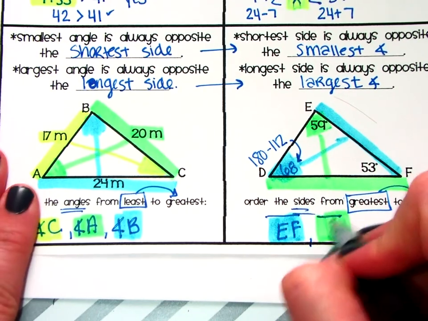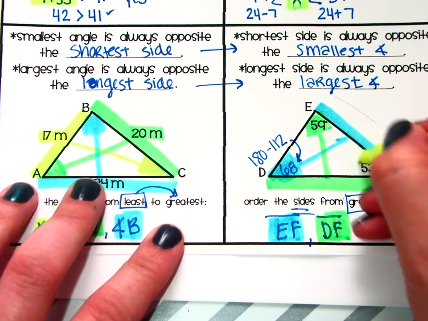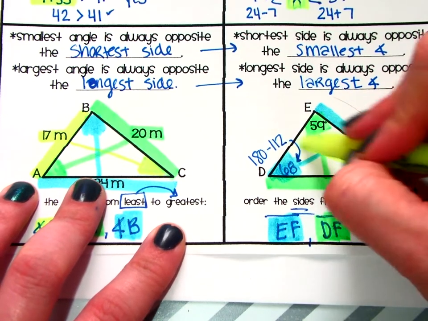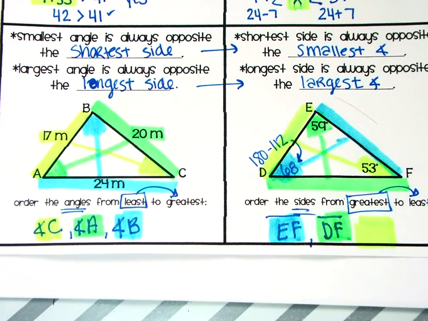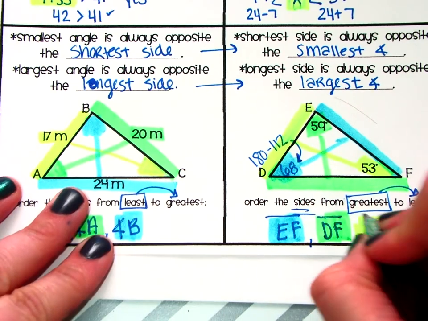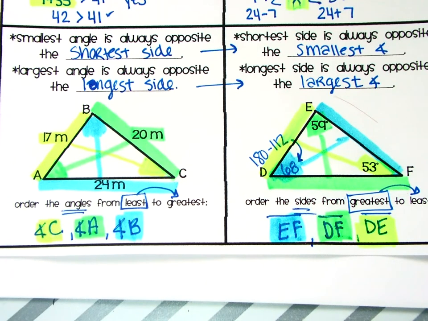So side DF is next. And ending, our smallest angle is 53, so our smallest side is DE. Notice how I have no idea what the measurements of these sides are, but based on the hinge theorem, I know that across the smallest angle is the shortest side, and across the largest angle is the largest side.